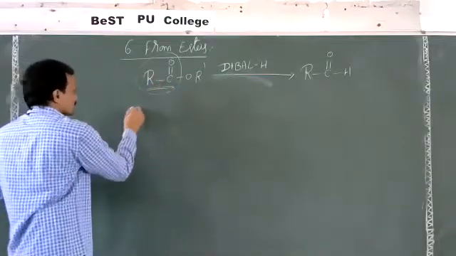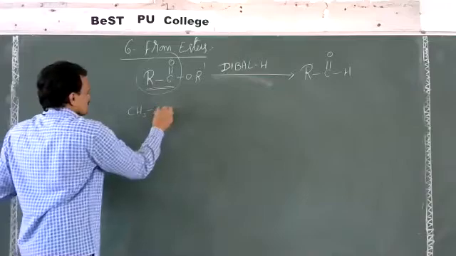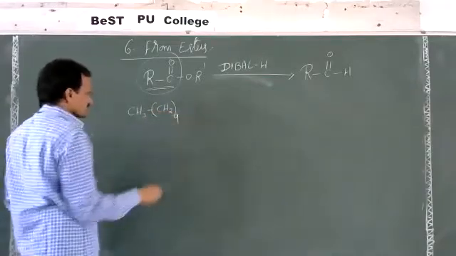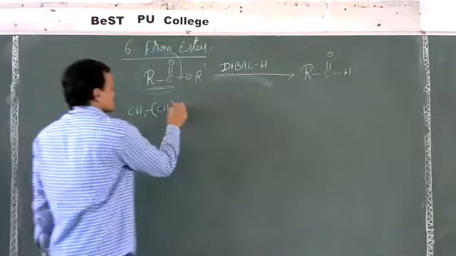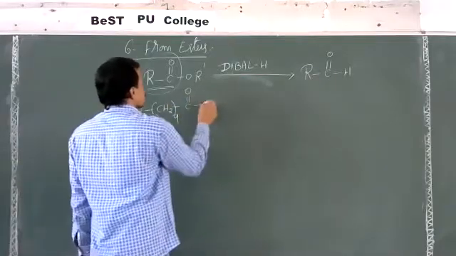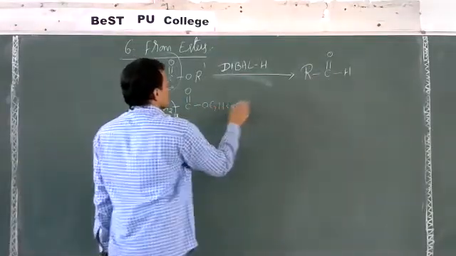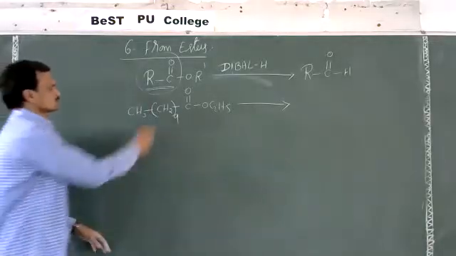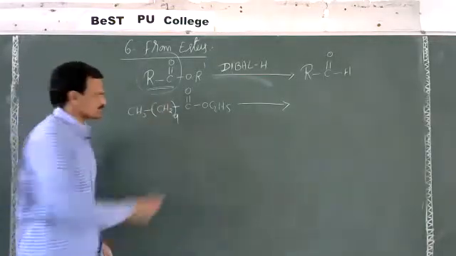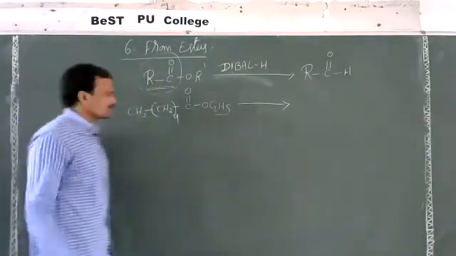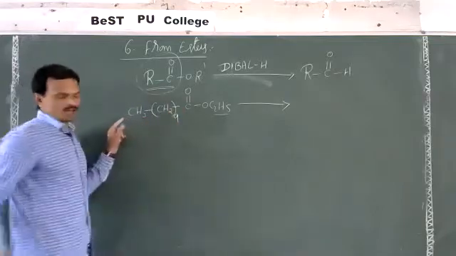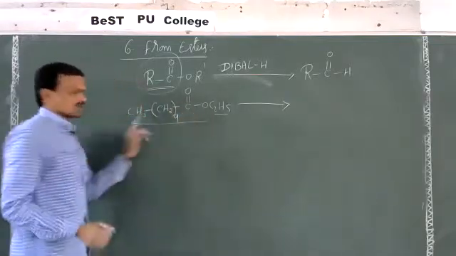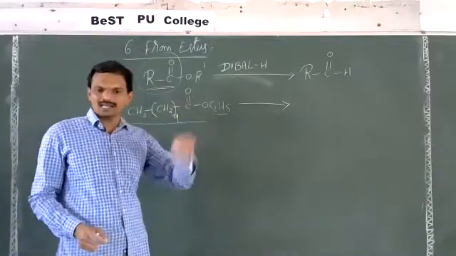Now take an example here. This is the example given in our textbook only. CH3, CH2 9 times, COOC2H5. Nothing but this is ethyl. Here 11 carbons are there, undecanoate. With 11 carbons, so let the IUPAC name undeca.